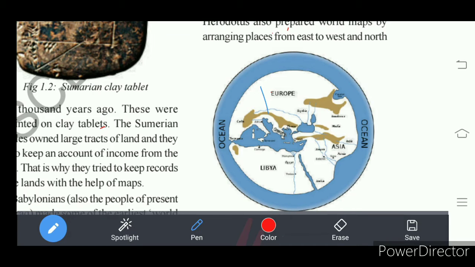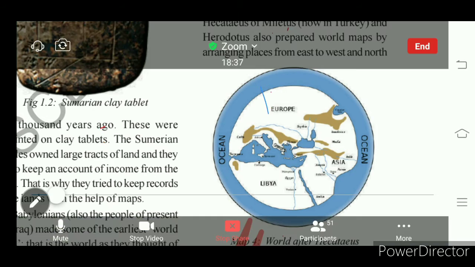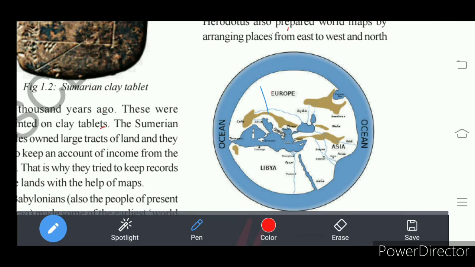Now you see here, this is our earth. Here it is north, and here south. So they identified the places where midday is taking place, and this is the line I am showing you.